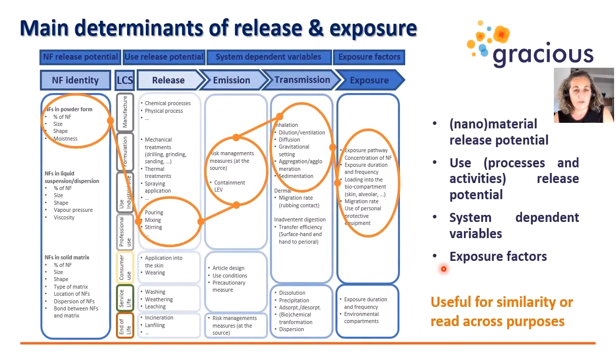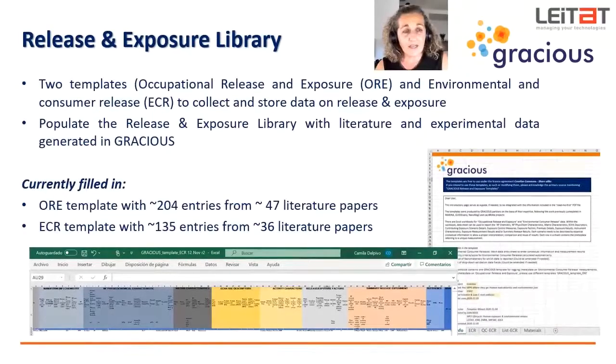Then this information, of course, is useful for read across and grouping, and all this data that is generated is, of course, compiled in release and exposure libraries. We generate templates for the whole community.